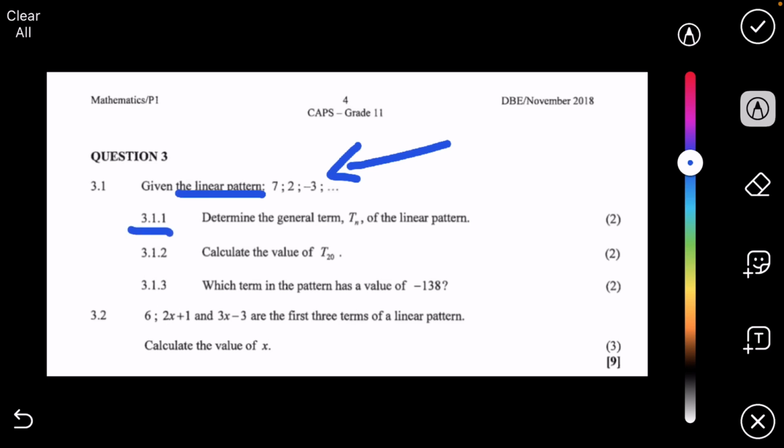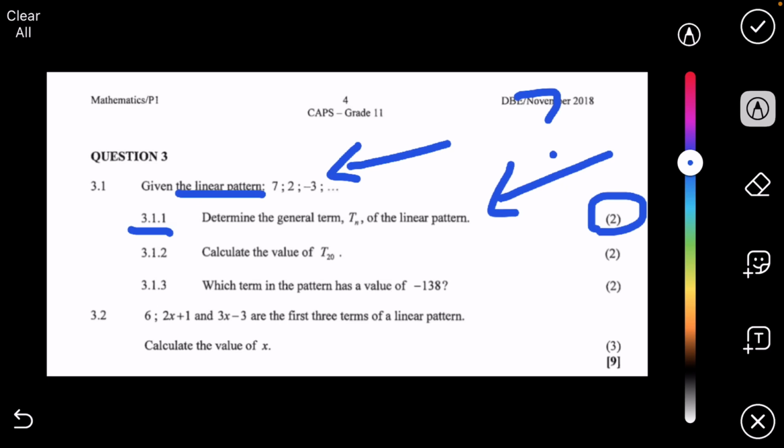The first question, 3.1.1: determine the general term Tn of the linear pattern. Ladies and gentlemen, this question is allocated 2 marks. The very first question that you should ask yourself: what is the cream of that question? What do I mean by the cream of a question?